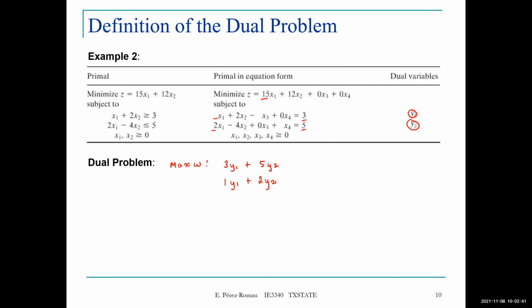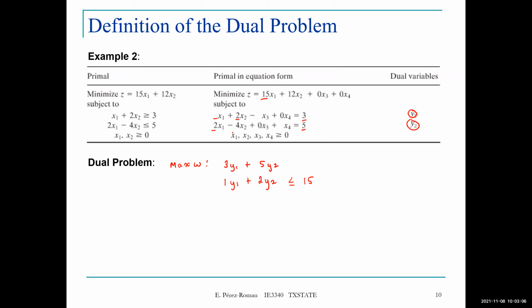And since we are going from minimization to maximization, the sign of the constraint is going to be less than or equal to. And the right-hand side of the constraint is the coefficient of the objective function. Any questions?